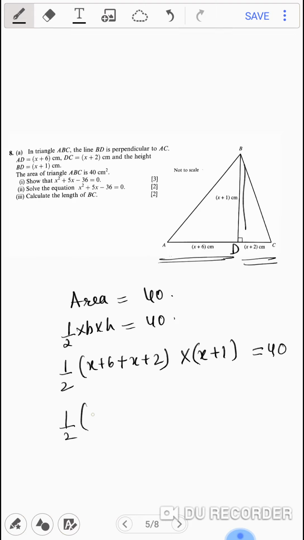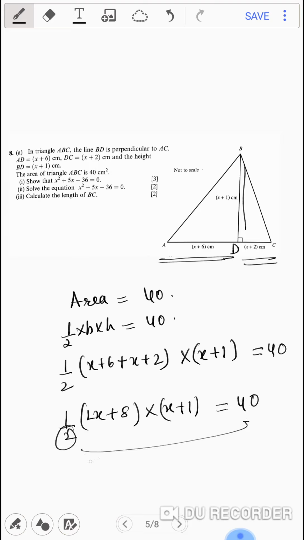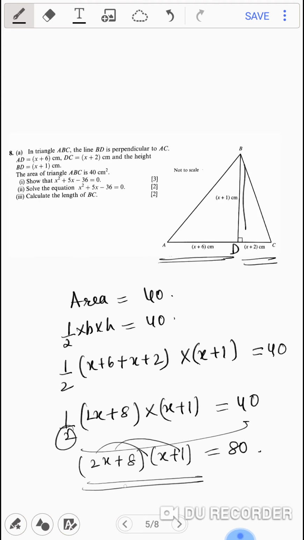So that will be 2x plus 8 into x plus 1 is equal to 40. If you want to take this to that side, so that will be 2x plus 8 into x plus 1 is equal to 80. From here you have to open up the bracket and get a nice quadratic equation.